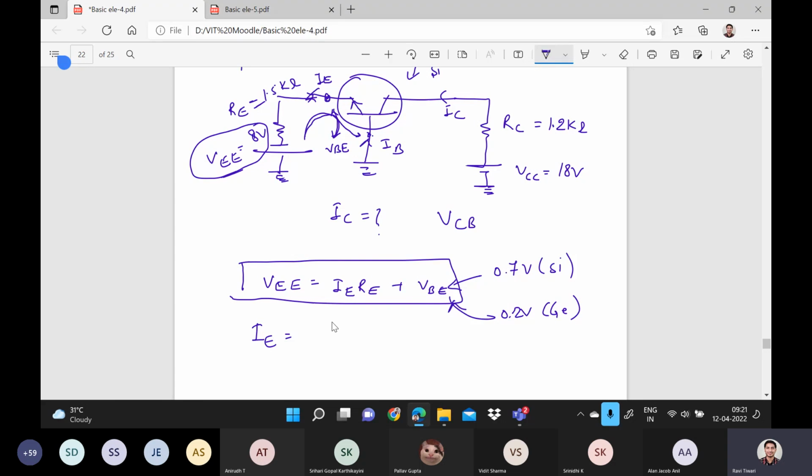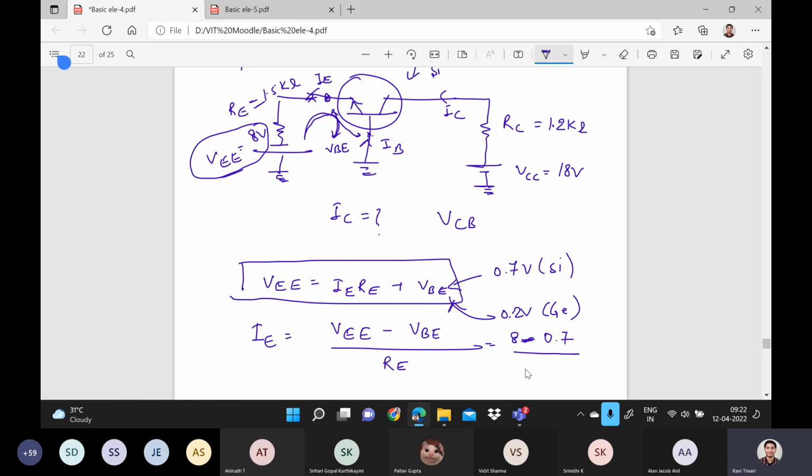IE is equal to VEE minus VBE divided by RE. VEE is what? 8 volts. And VBE, as I told you, as it's manufactured from silicon, the value will be 0.7. And if it is germanium, for example, then you have to put 0.2.